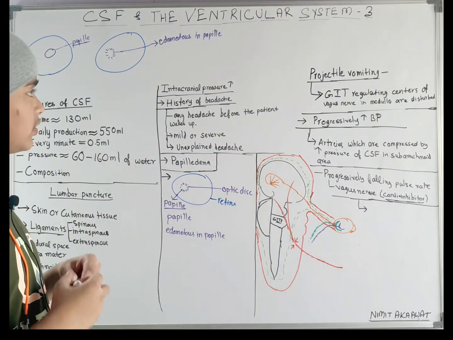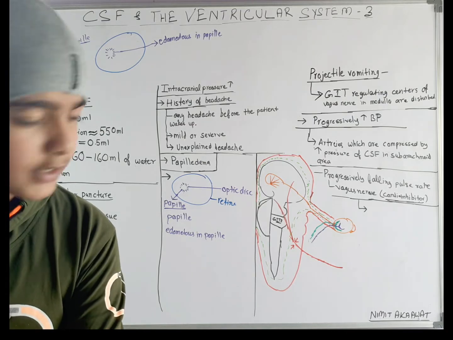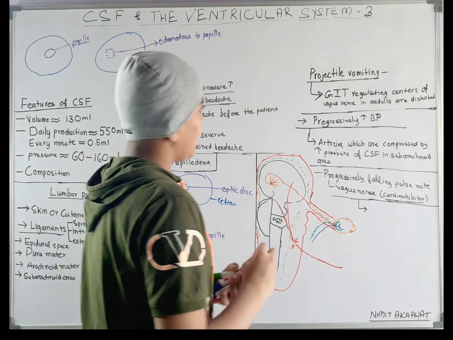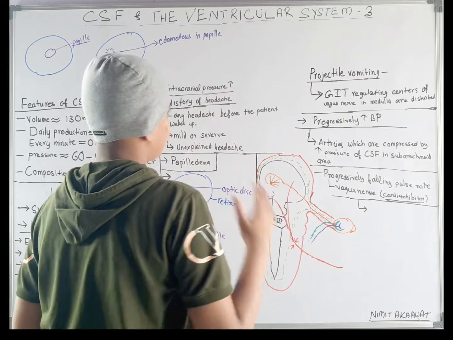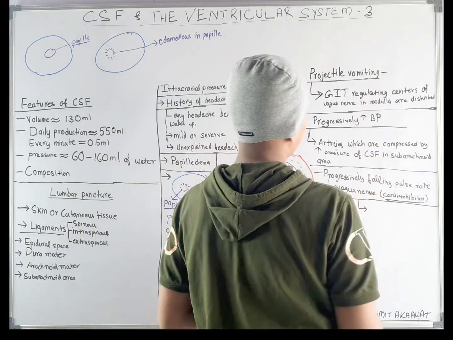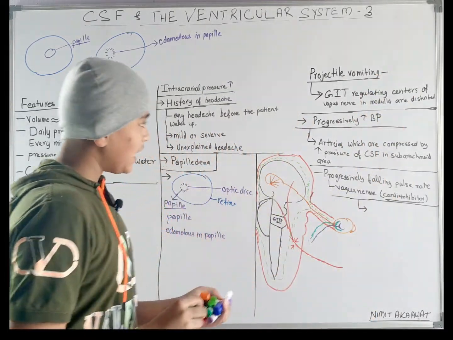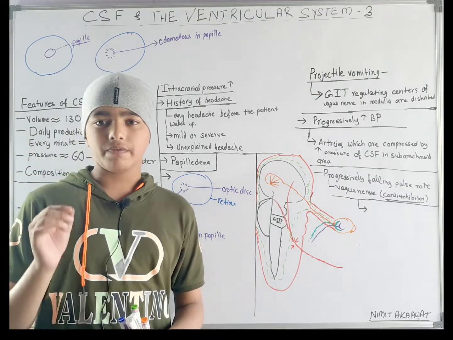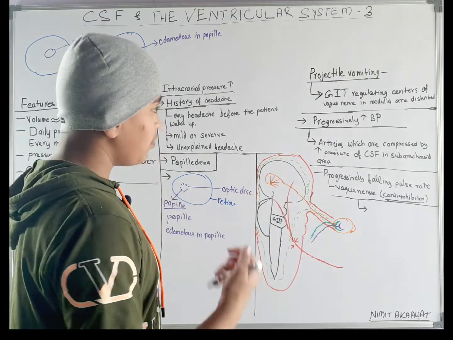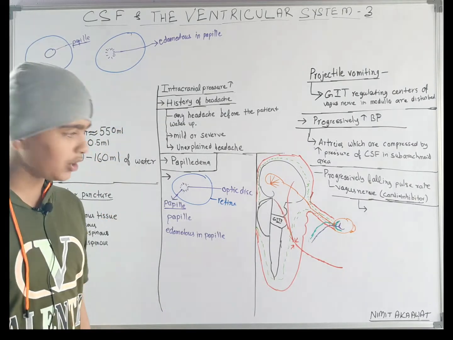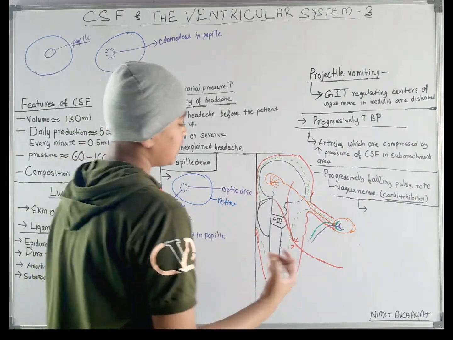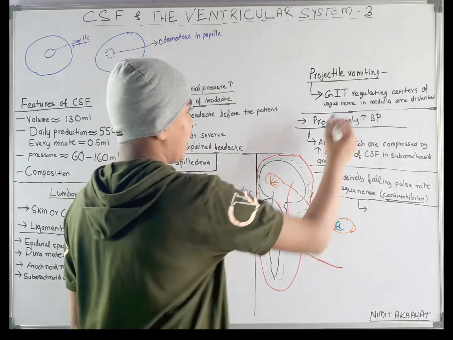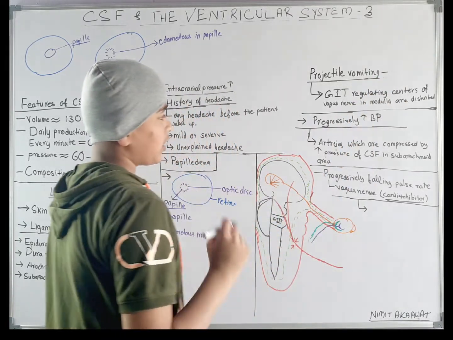Now, the third factor of raised intracranial pressure is projectile vomiting. Gastrointestinal tract or digestive system regulating centers of the vagus nerve in the medulla oblongata are disturbed because of high intracranial pressure, and that is why projectile vomiting occurs.